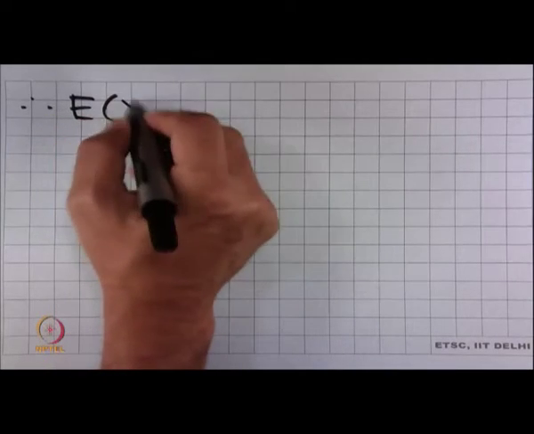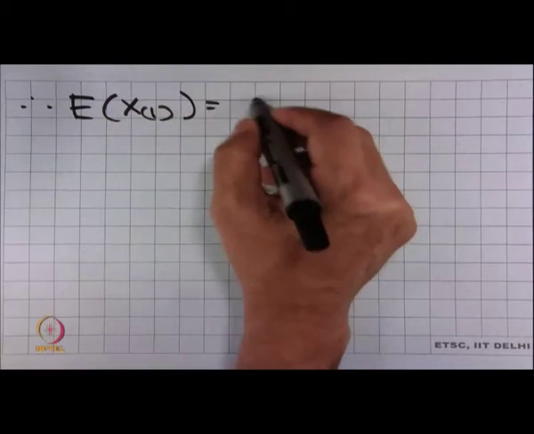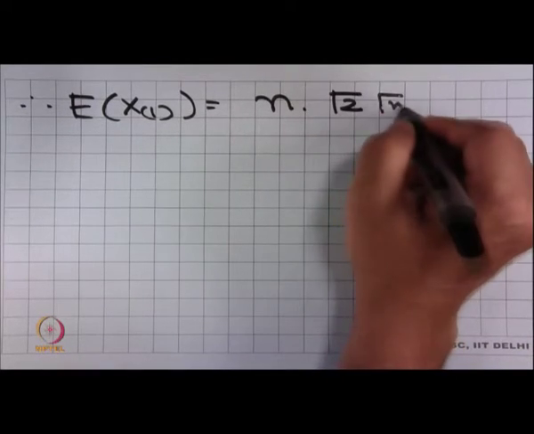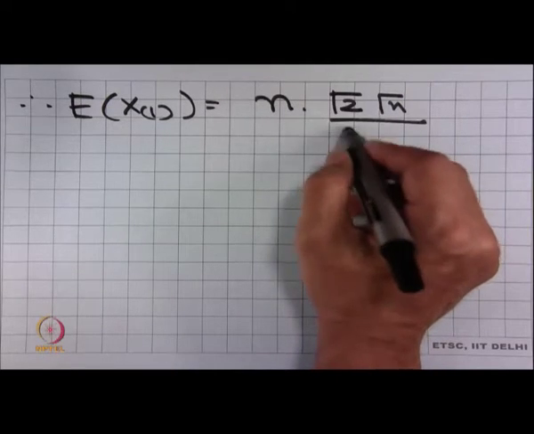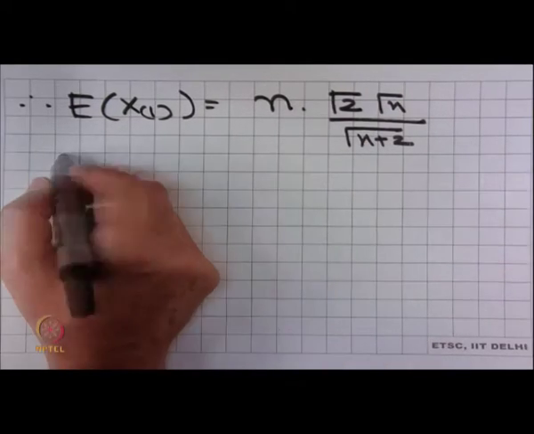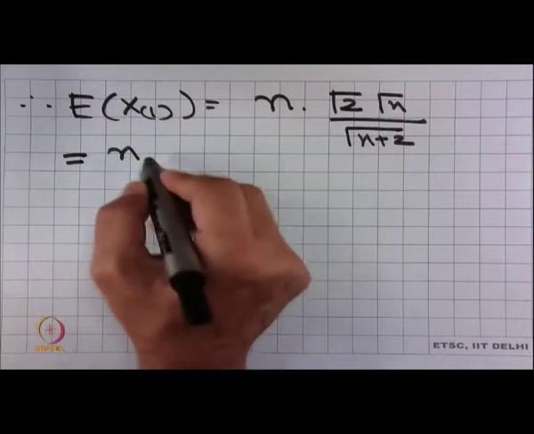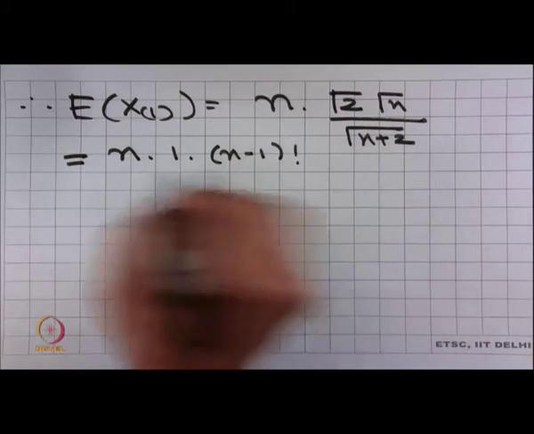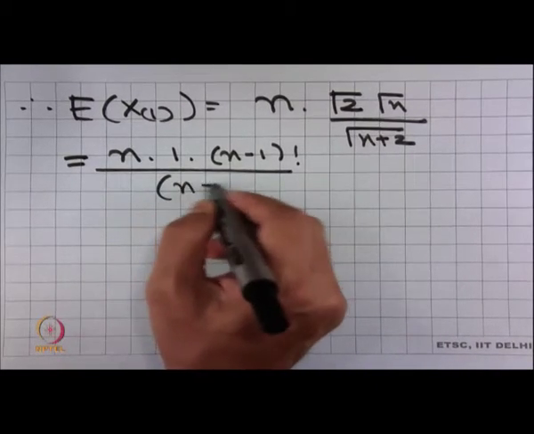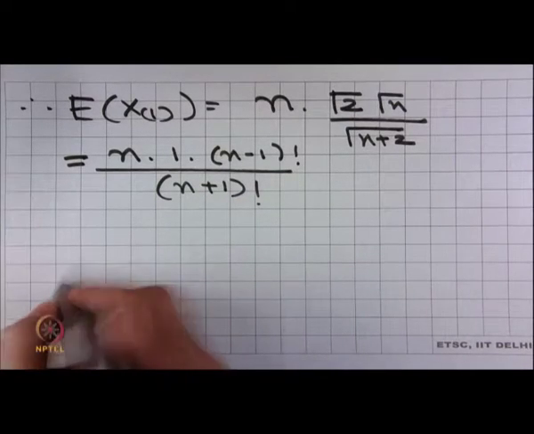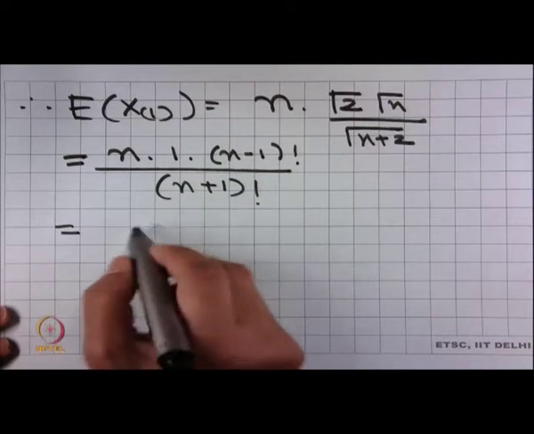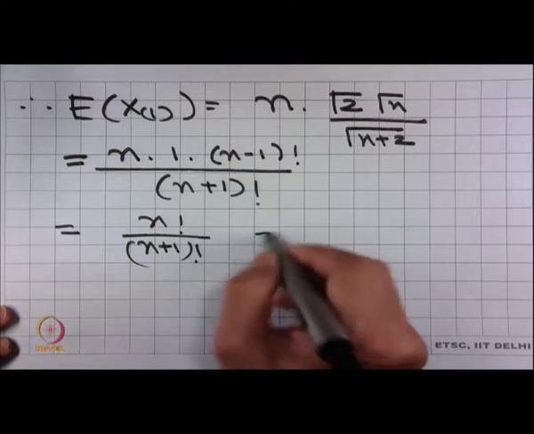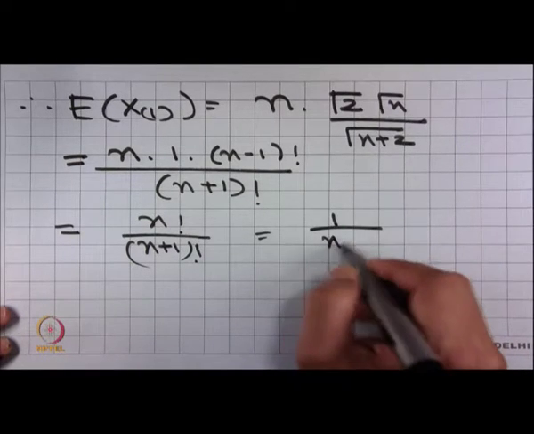Therefore, expected value of x 1 is equal to n times gamma 2 gamma n upon gamma n plus 2, is equal to n into 1 into factorial n minus 1 upon factorial n plus 1, is equal to n factorial upon n plus 1 factorial, is equal to 1 upon n plus 1.